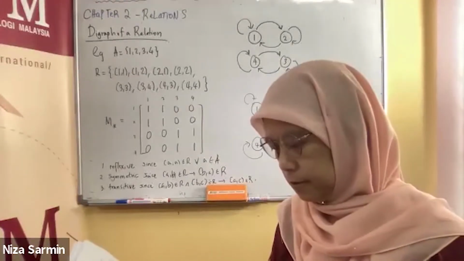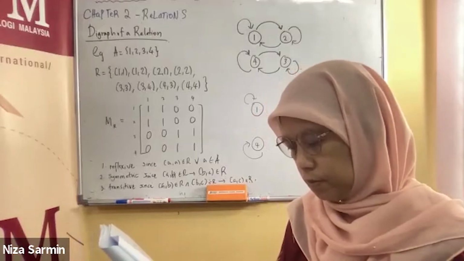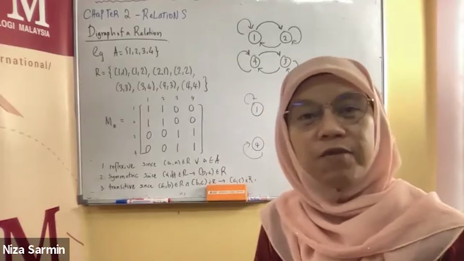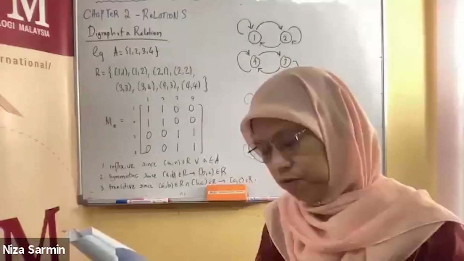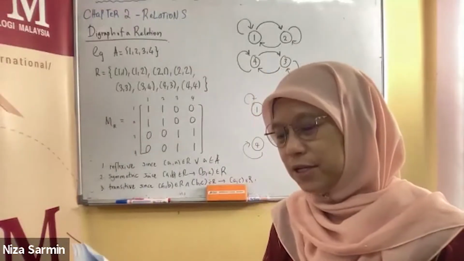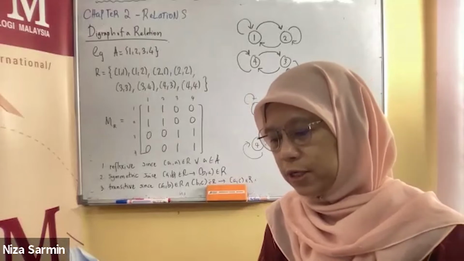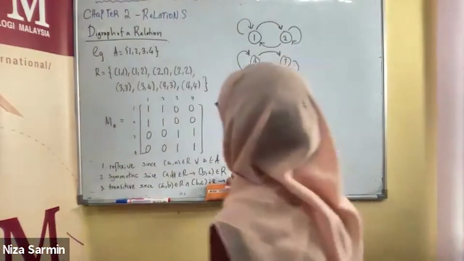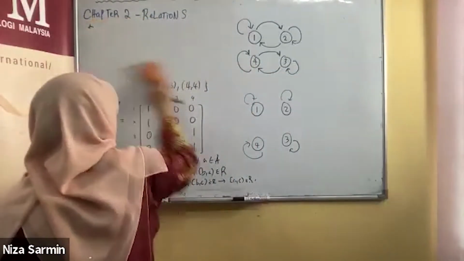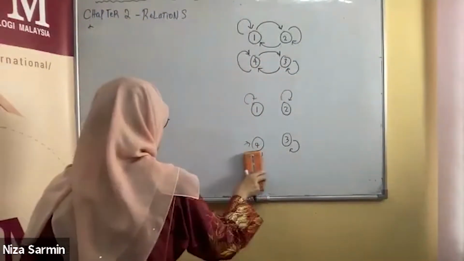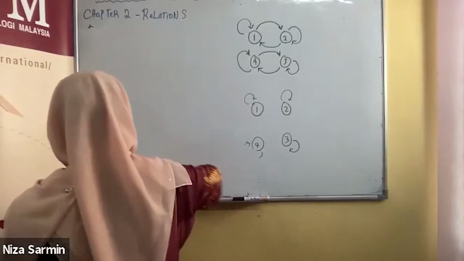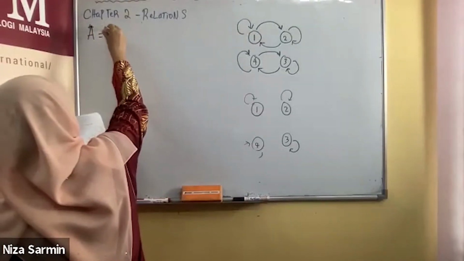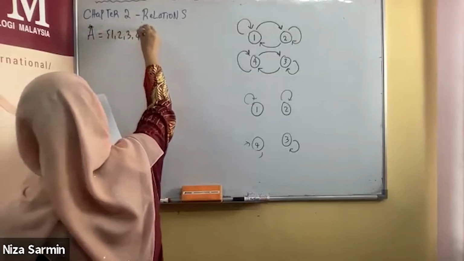Okay. Now let's look at some questions. Sometimes they give a matrix. We have to find the relation. You should try all the questions. So much straightforward. Let's try number 6. Okay, you have A is 1, 2, 3, 4.